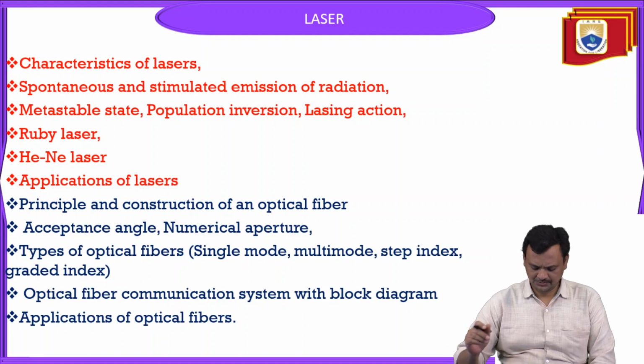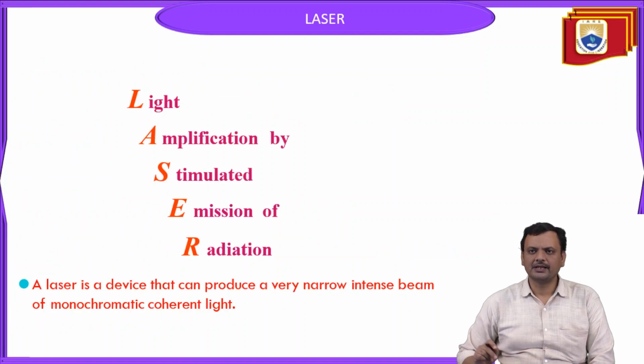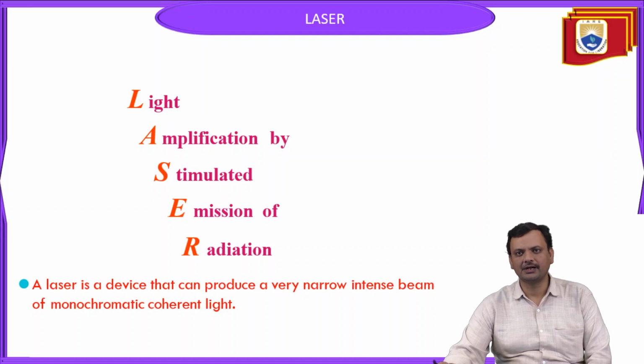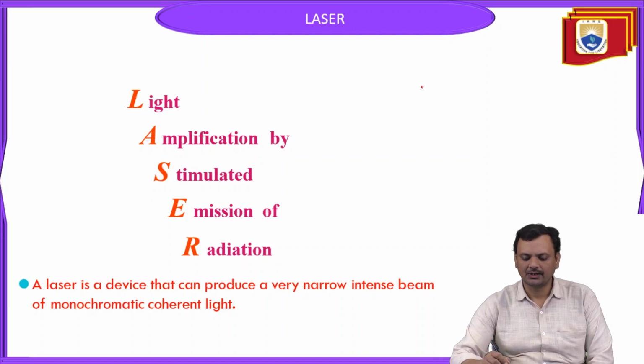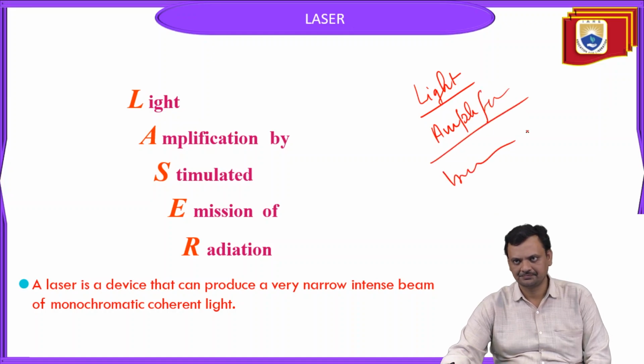So these are some outlines here. So what is laser? The full form of laser: laser stands for light amplification by stimulated emission of radiation. So light will amplify by stimulated emission.